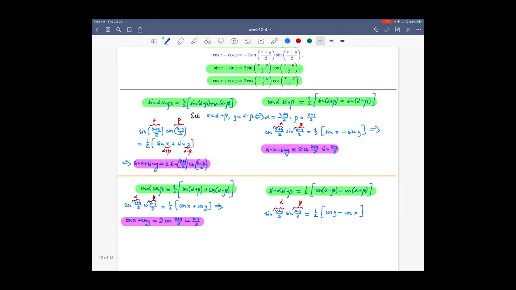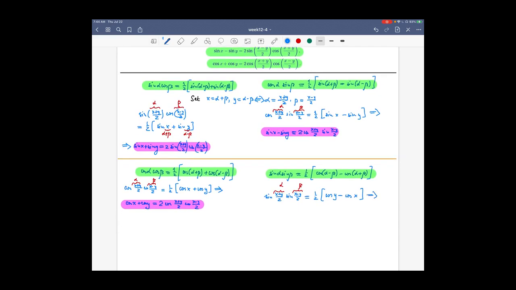So from here, if I multiply this by -2, cosine x minus cosine y equals -2 sine x plus y over 2 sine x minus y over 2.